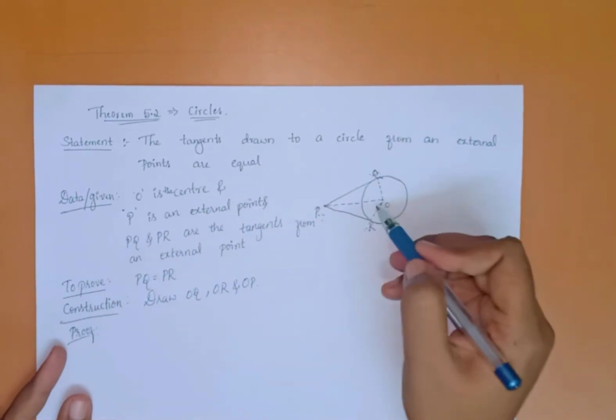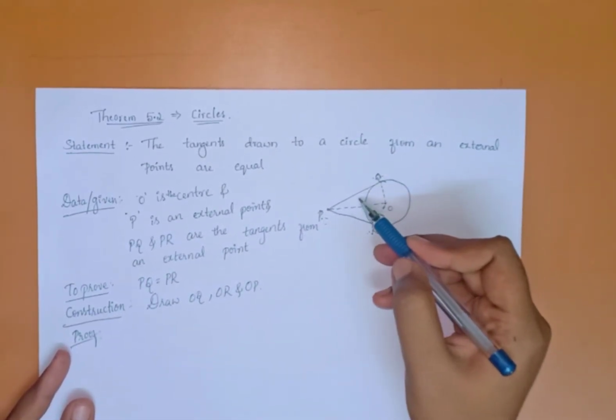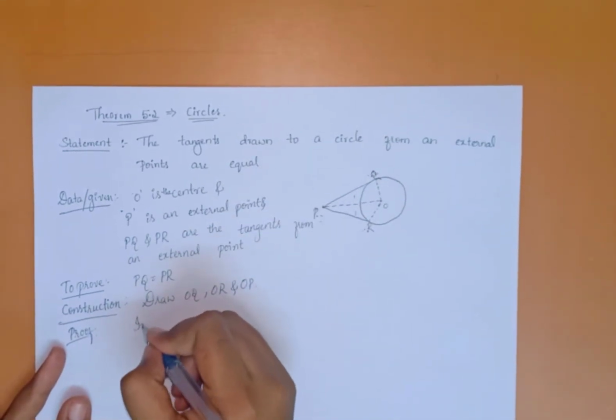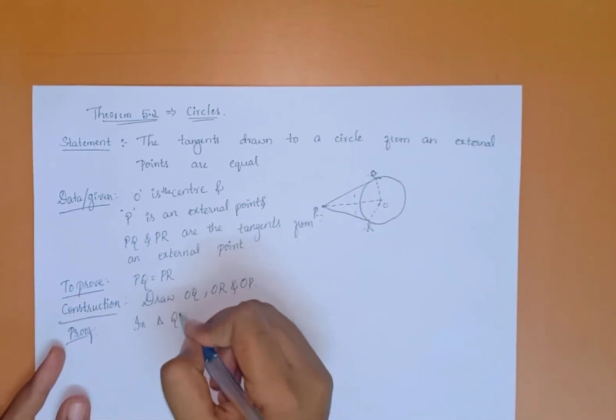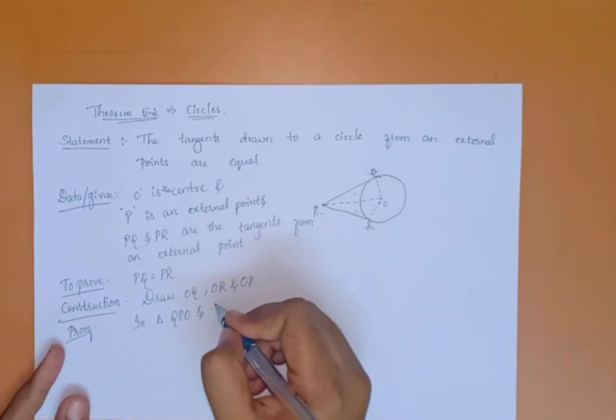Next, prove. Because of this external point and the construction, we will get two triangles. This is one and this is two. One triangle is QPO and another one is RPO.